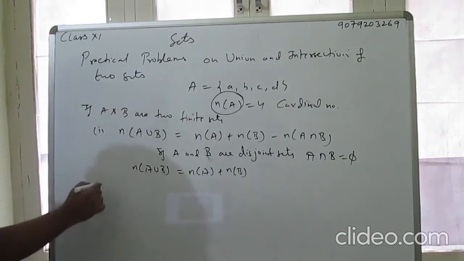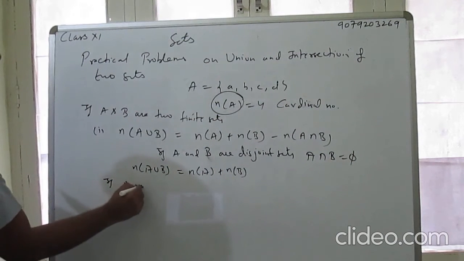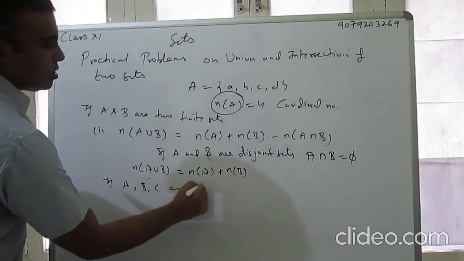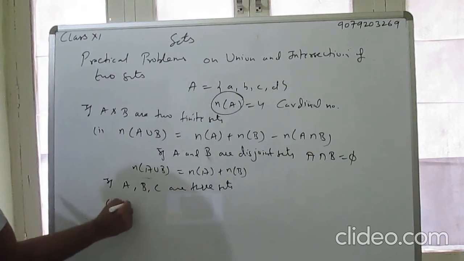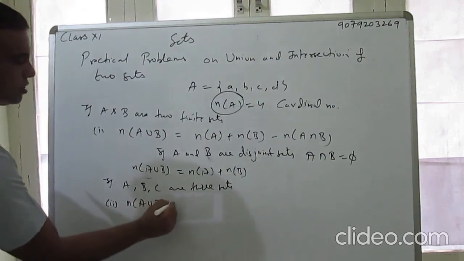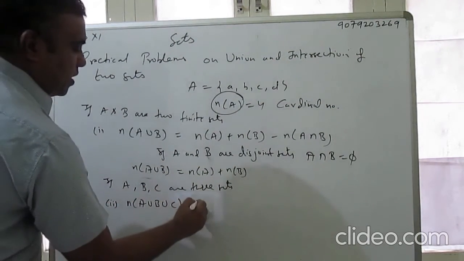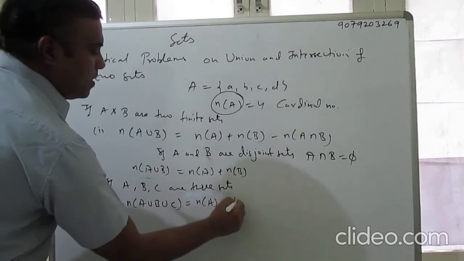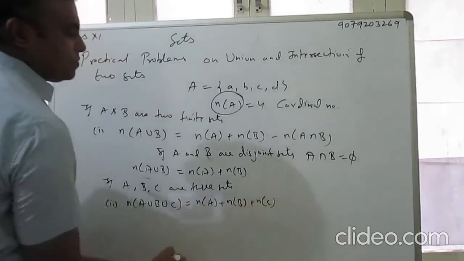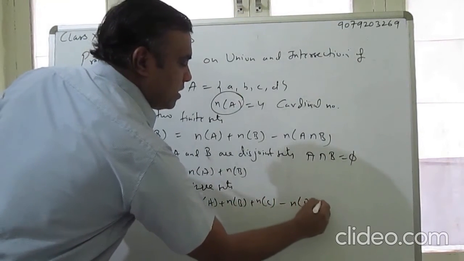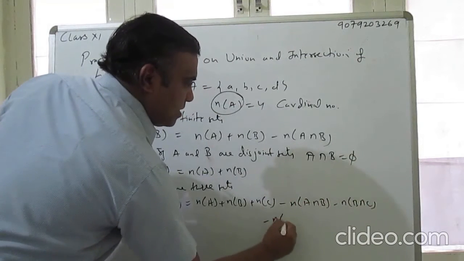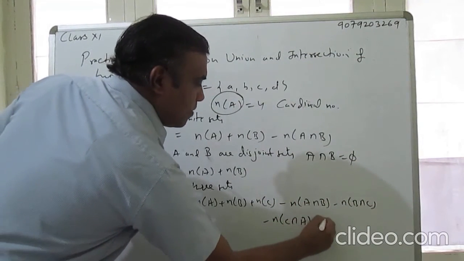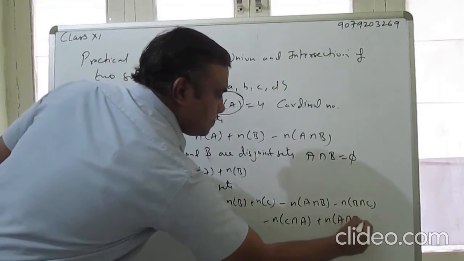Now if A, B, C are 3 sets, then what is the property? n(A union B union C) is equal to n(A) plus n(B) plus n(C) minus n(A intersection B) minus n(B intersection C) minus n(C intersection A) plus the intersection of all three.